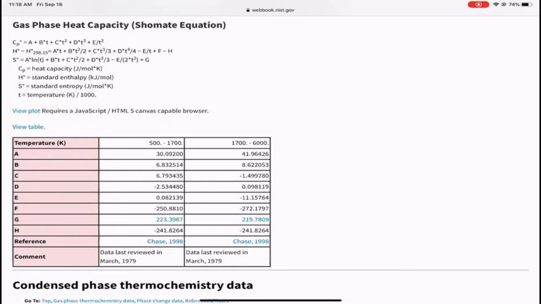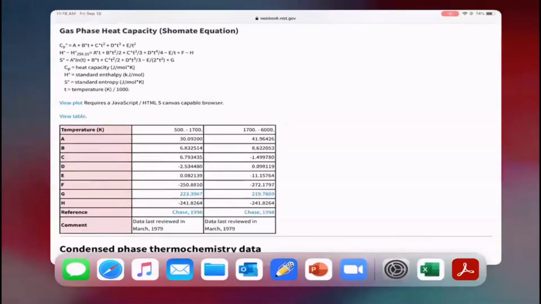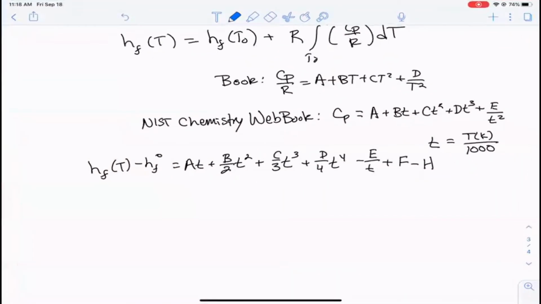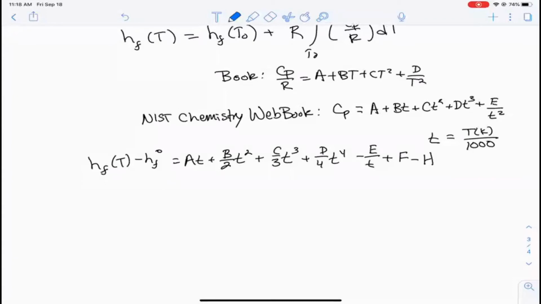So we could always work through this problem again and show the exact same math that we just did a minute ago. But I'm not going to do that. What I will show is that I've done this, where for each one of these species, I've gone through for hydrogen, oxygen, and water and calculated the heat of formation at 600 degrees C, and I get the same answer.